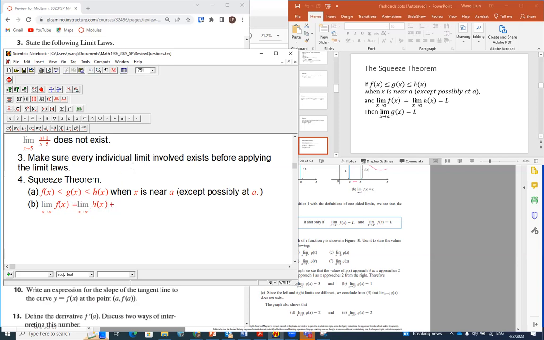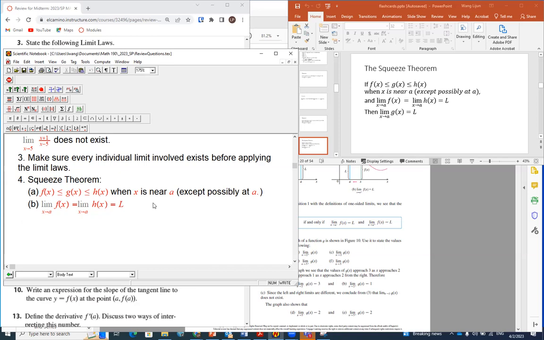So how many conditions is that? 1, 2, 3. So B really implies 3 conditions. This limit exists, that limit exists, and they are the same. Under these two major conditions, the second condition can be written into 3 smaller conditions.